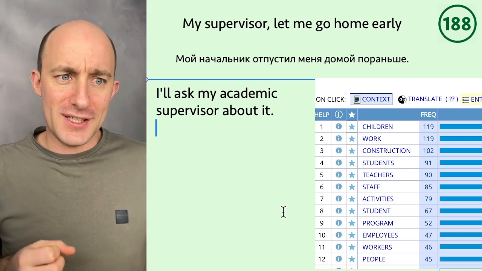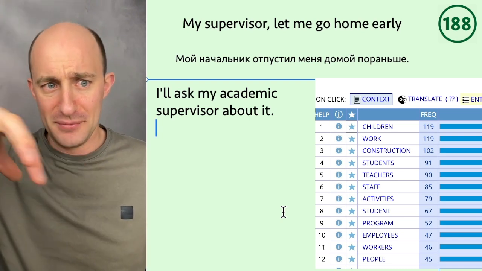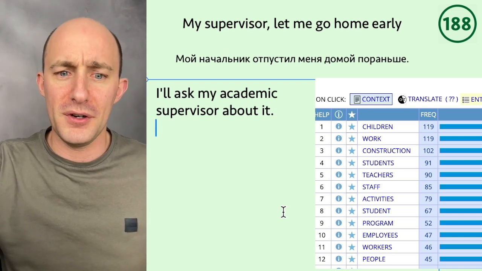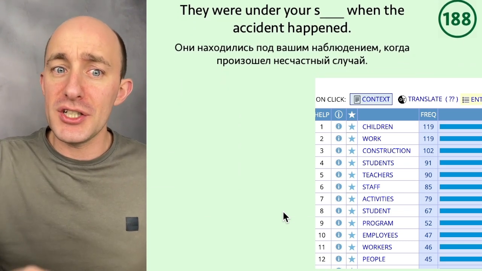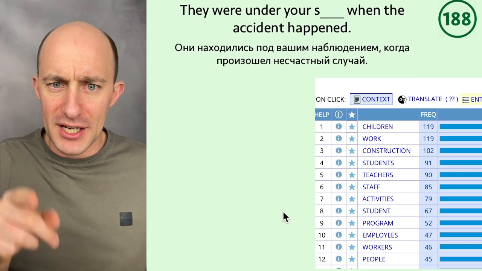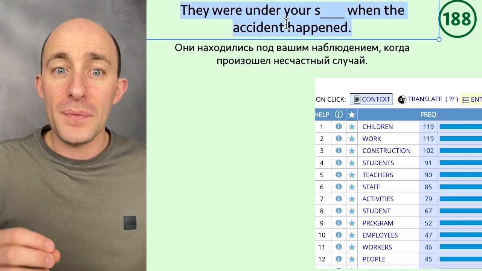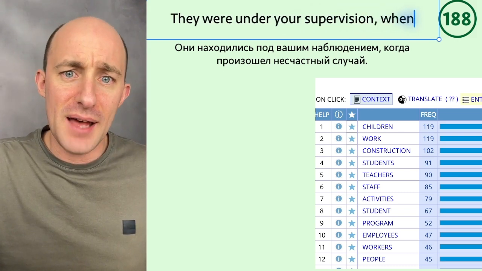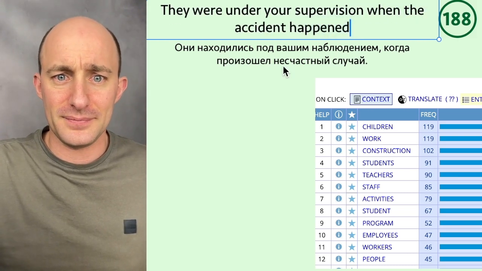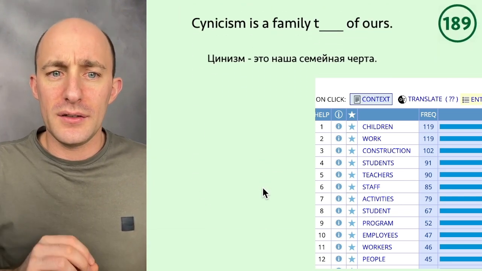On a building site as well, you'll find that there's always a supervisor for each process on the site. Supervisor. And the noun supervision. Они находились под вашим наблюдением, когда произошел несчастный случай. They were under your supervision when the accident happened. Under your supervision.